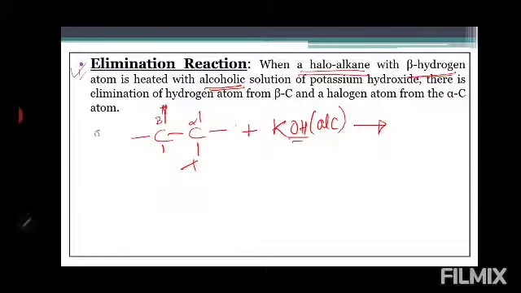In the alcoholic case you get a base, and a base every time tries to abstract a proton. When the proton is taken, a bond is left, and that bond will form a carbon-carbon double bond. Carbon has a valency of only 4, but here it would be 5, so the hydrogen and the halogen get eliminated.